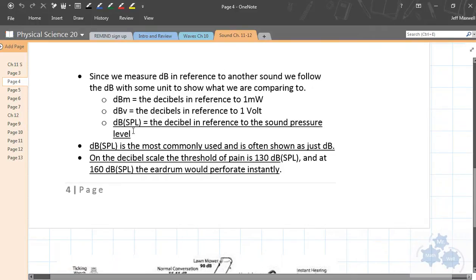This decibel here is the sound pressure level, and it's the common one we use for intensity of sound, so we don't write the SPL, we just write dB. And perforate means that holes would appear, like it would actually break apart or split.